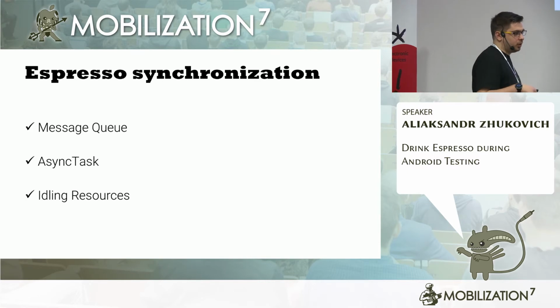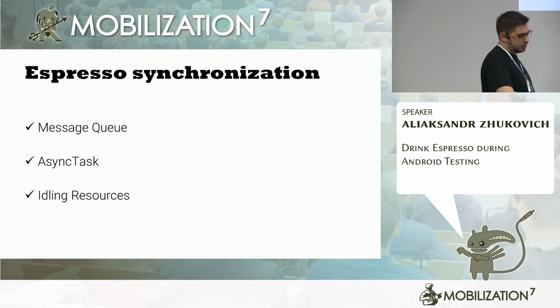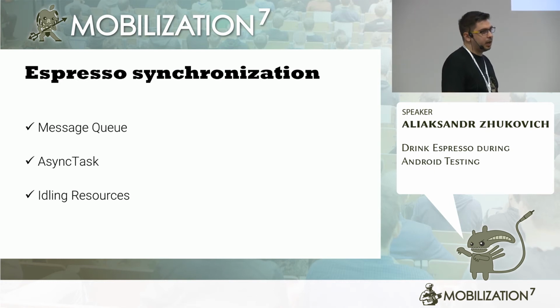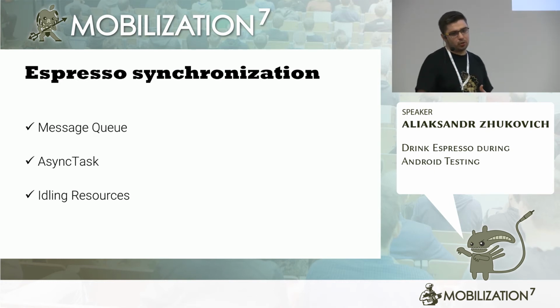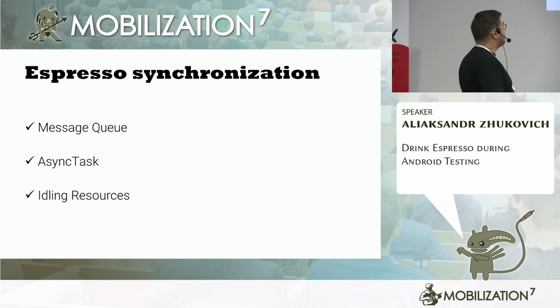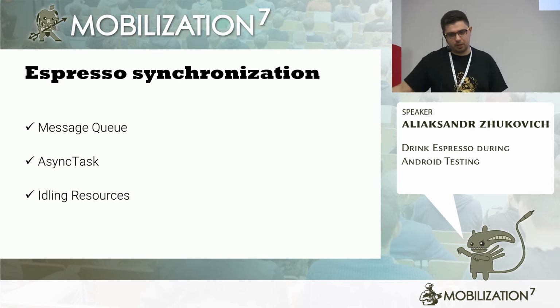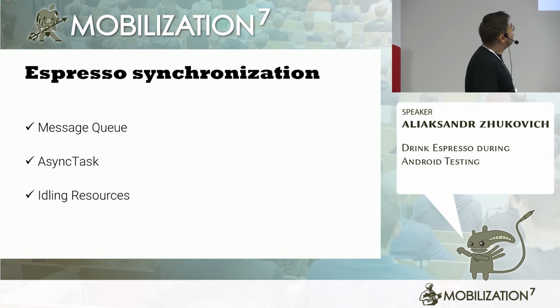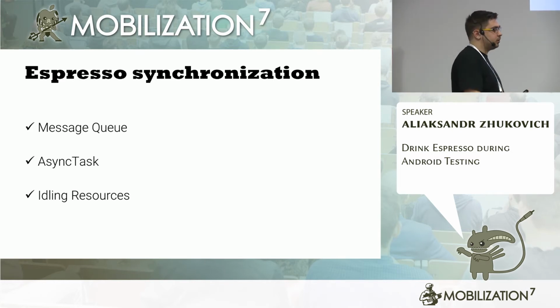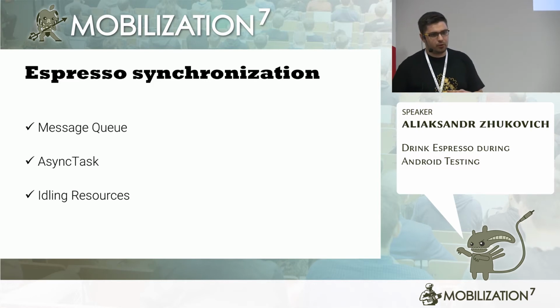Coming back to one of the main benefits of Espresso, which is synchronization, and how synchronization works under the hood. Firstly, we need to create a ViewInteraction object. It's onView plus a view matcher, and after it, this interaction awaits until the message queue is empty, and Espresso waits for a reasonable time.